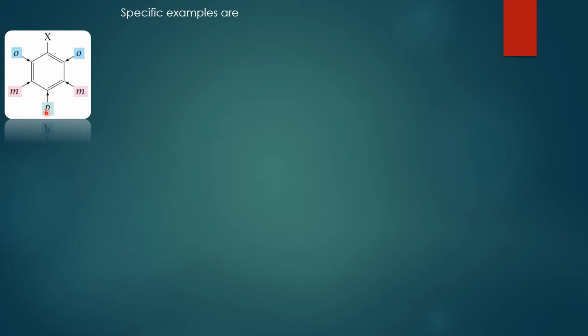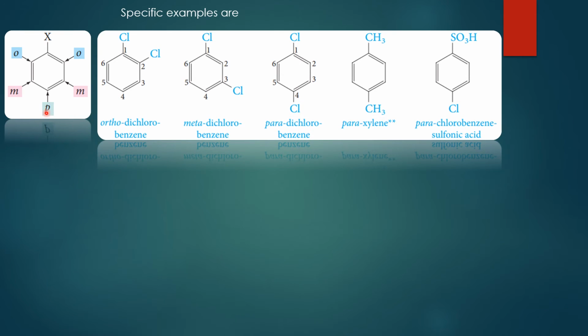The prefixes ortho, meta, and para are used even when the two substituents are not identical. Examples: o-dichlorobenzene, m-dichlorobenzene, p-dichlorobenzene, p-xylene, and p-chlorobenzenesulfonic acid, with the sulfonic group SO3H.